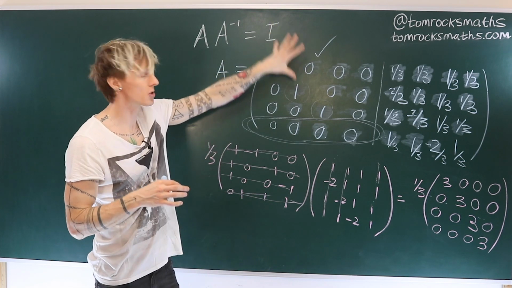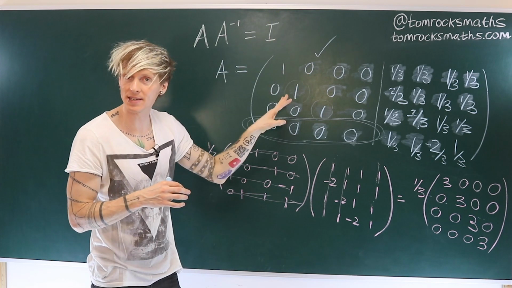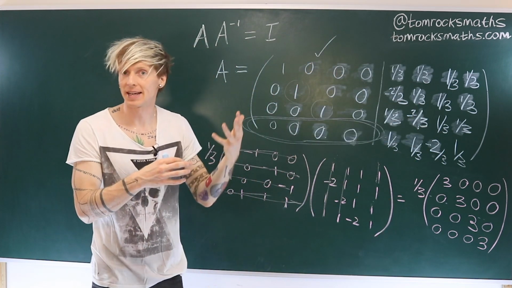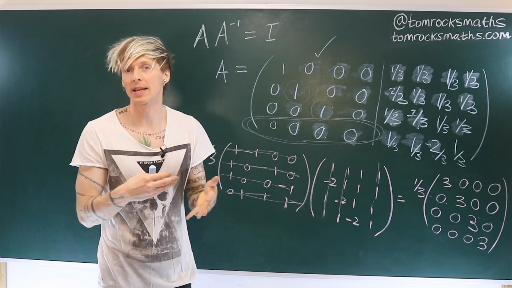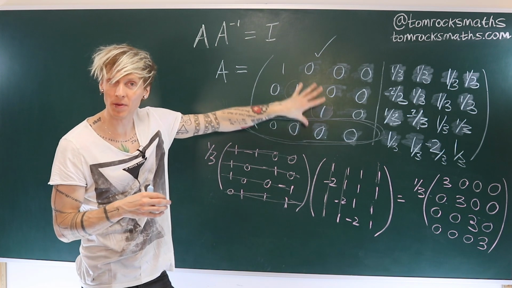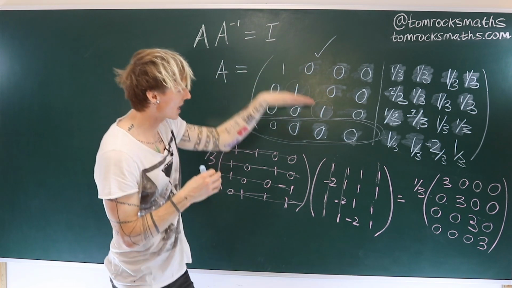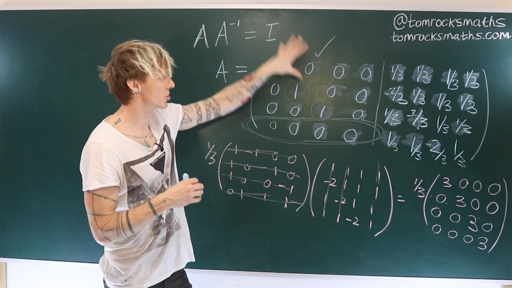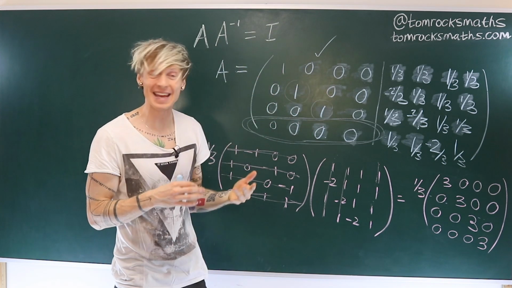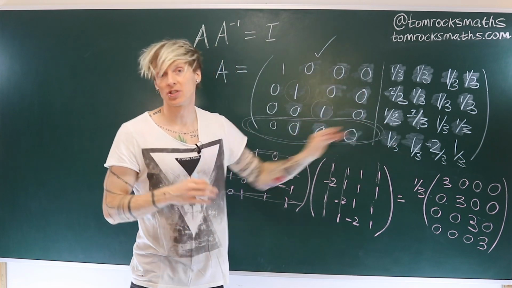You try to reduce your matrix A to the identity, you apply the same EROs to the right-hand side, the identity, to get potentially the inverse. However, if you get a 0 row on the left-hand side, that tells you you cannot reduce your original matrix to the identity, and what that means here is the inverse does not exist.